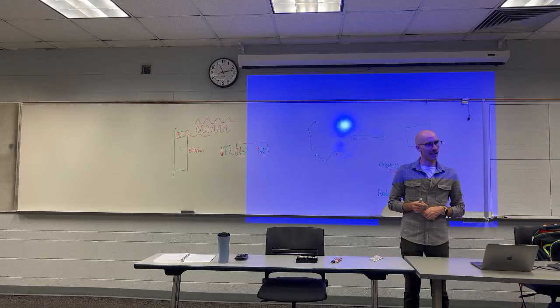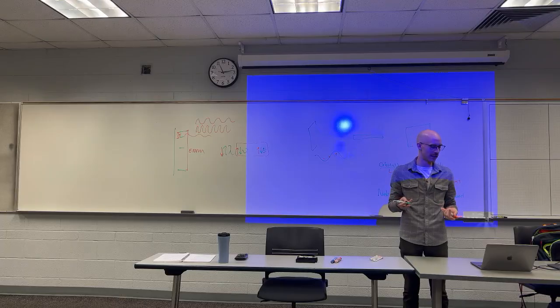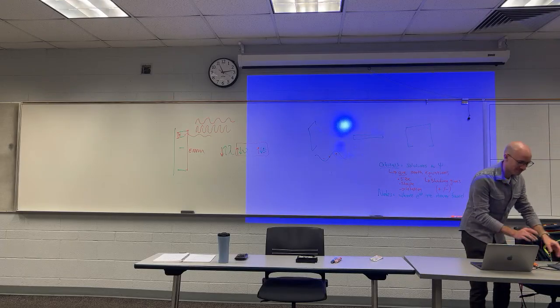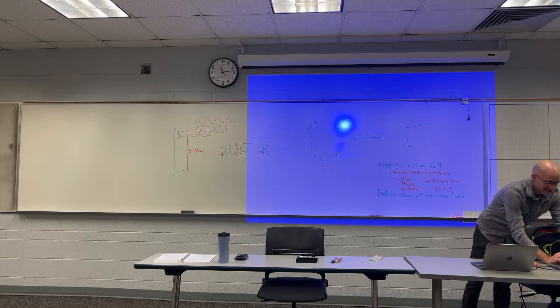All right, I want to clarify. This is not going to change how you get graded on these topics, but there is actually a difference between psi and psi squared.